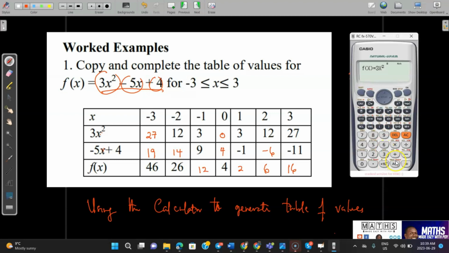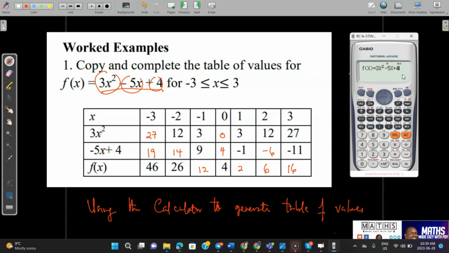Then minus 5, then alpha again, and then x. Please, I believe each and everyone is following what I'm doing. Yes, sir. Then plus 4. Please, have you all been able to program f of x equal to 3x squared minus 5x plus 4? Have you all been able to do that? Yes, sir. Okay. Yes, please.